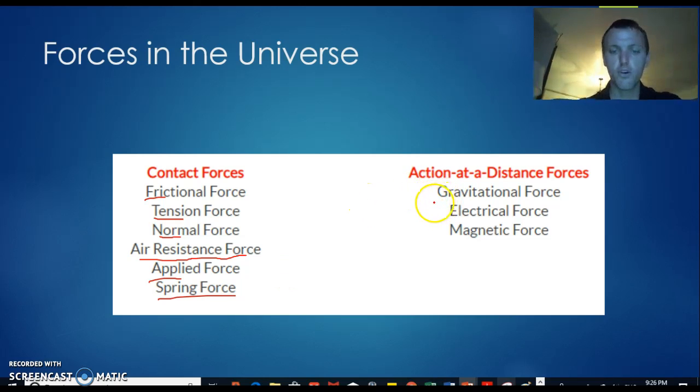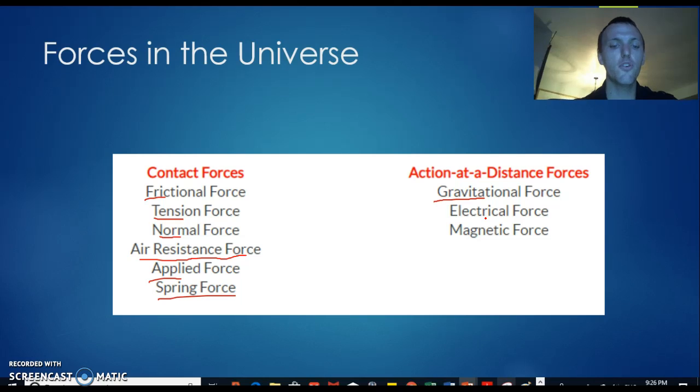Action at a distance forces: gravitational force pushing you down, right? Electrical force: you have 2 positive charges, and if anybody knows the phrase, like charges repel each other and opposite charges attract each other. Maybe you got that, maybe you didn't.